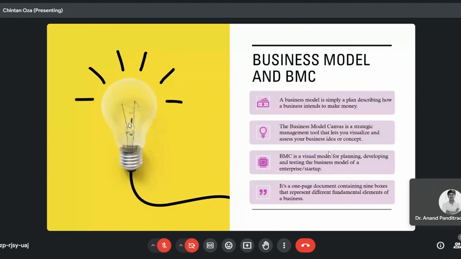It is just a one-page document that contains 9 boxes that represent fundamental elements of a business. Please remember, it's a one-page document containing 9 boxes that represent different fundamental elements of a business. Are we good? Let's go to the next slide.